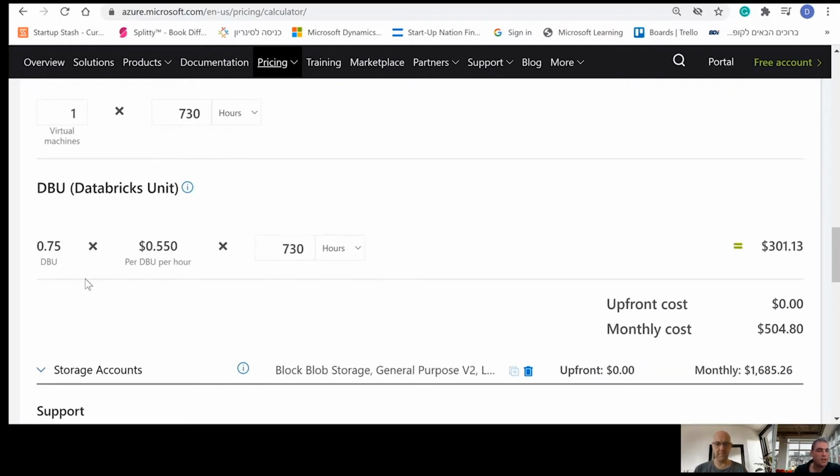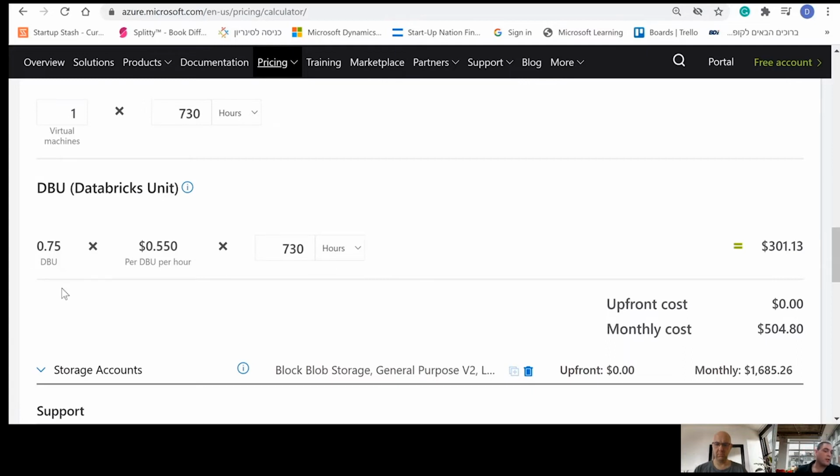Here you don't see any sign of any reservation or hybrid benefit whatsoever, but due to the fact that Sela is a global partner for Databricks, and other partners as well, of course, Databricks provides us the option to make a reservation on the DBU only. So you're going to get an additional discount just for the DBU units, which can save you a lot more money for the same service.